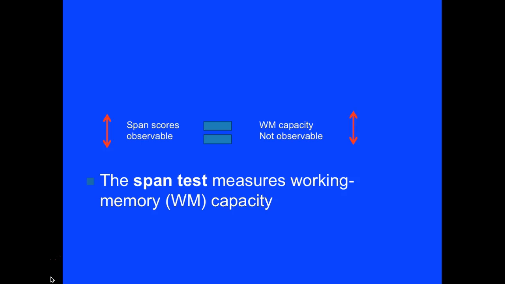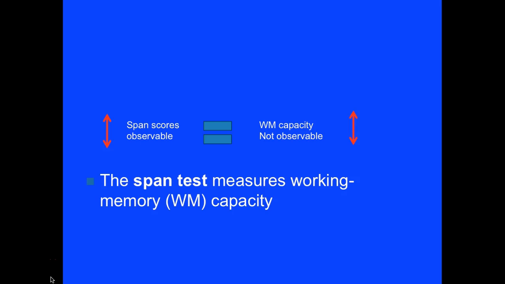So span tests are one way of measuring how many pieces of information you can hold in your head. And as we've said, most people can hold about 7. In later chapters, we'll get a little more technical about this, but for now, that's good enough. There's another thing to say about working memory.